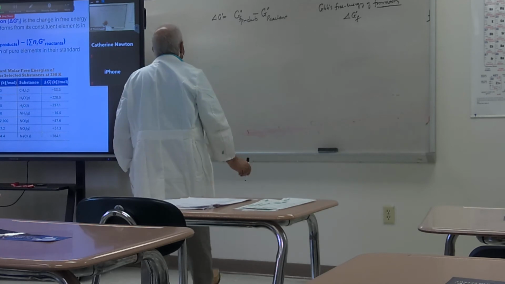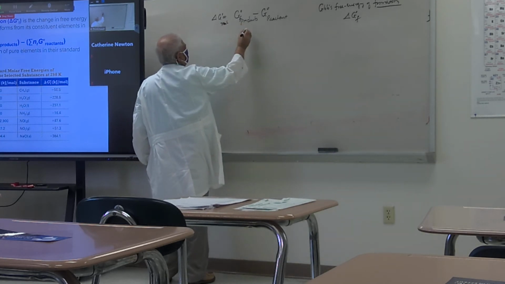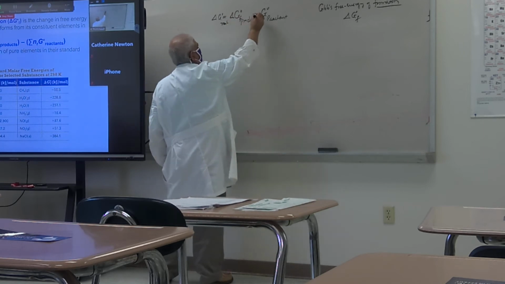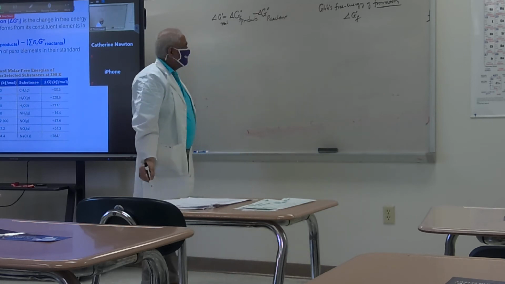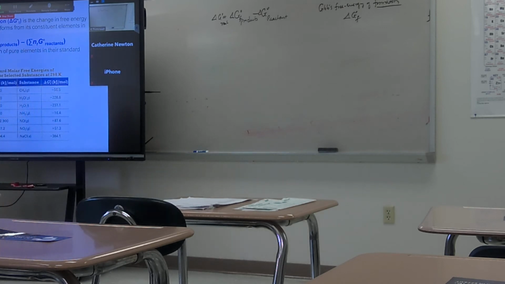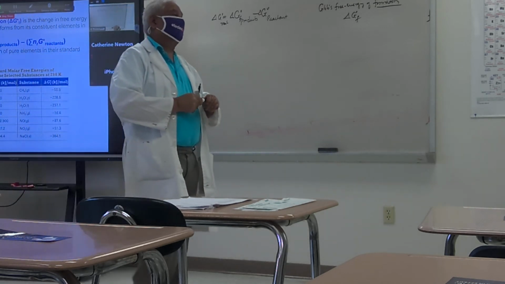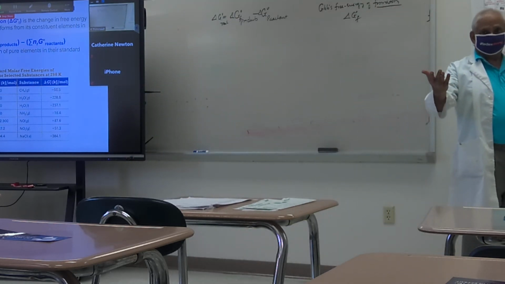So the delta G of a reaction can be determined as the delta GF of the products minus the delta GF of the reactants. You must remember here, the heat of formation of all the elements in the periodic table, they are 0.